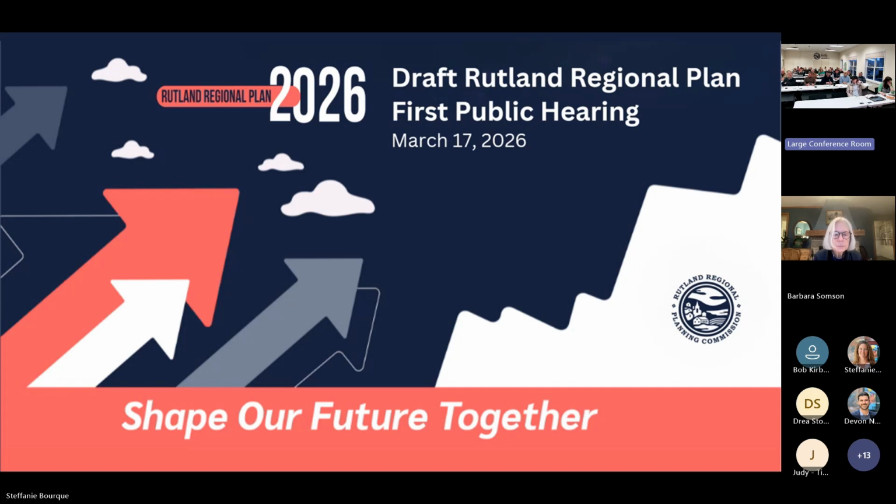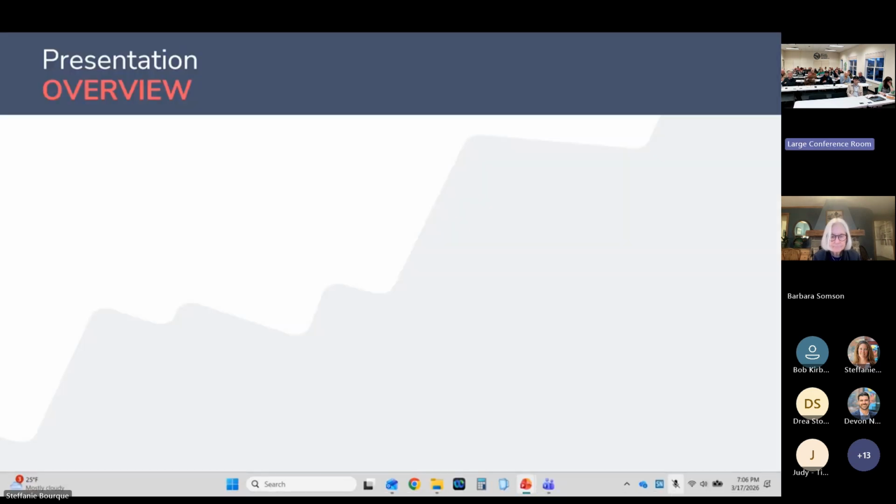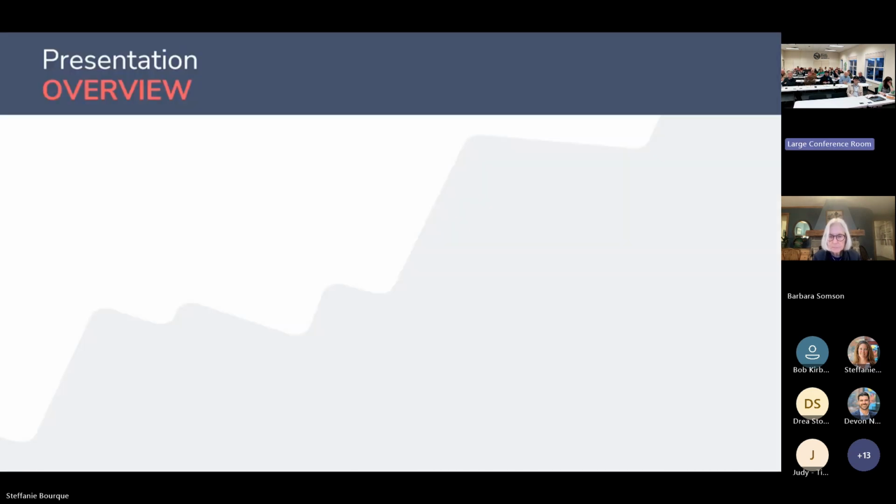Thank you all. Great, thanks, Devin. So everyone's here tonight for the first public hearing for the draft Rutland Regional Plan. In terms of the presentation portion of tonight's hearing, I'll give you a quick walkthrough of what we're going to cover.